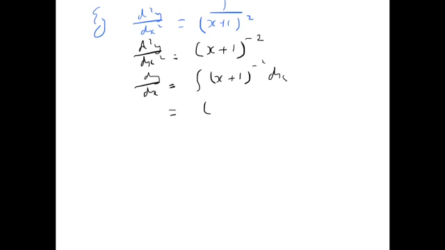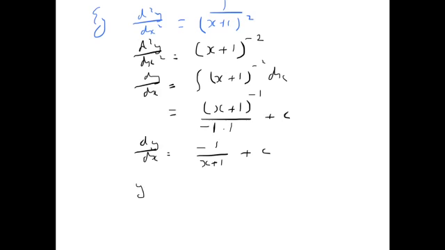So that equals, we're going to do backward chain rule here. So we add 1 to the power, which is negative 1, we divide by the new power, negative 1, and we divide by the derivative of the bracket, which in this case is 1, plus c. So dy/dx is equal to negative 1 over (x+1) plus c.